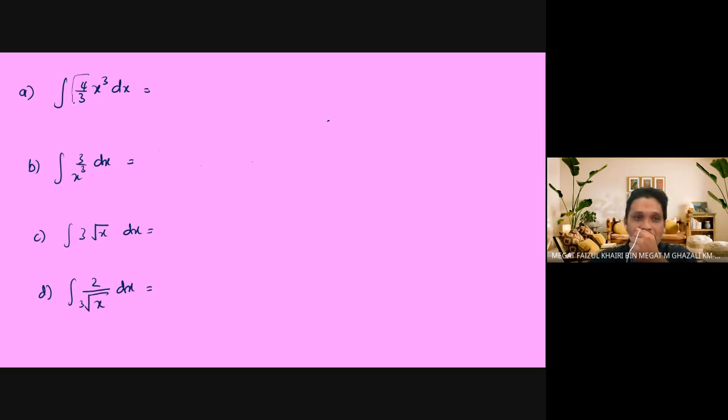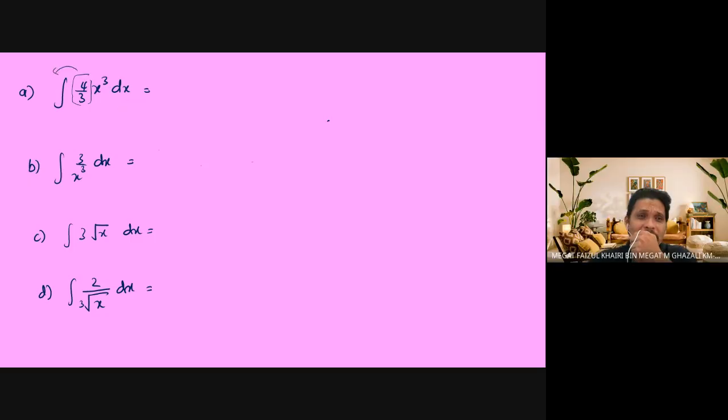Okay, this is a constant. Does this affect the process of integration? No. So take it outside: 4/3 integral of x cubed dx.